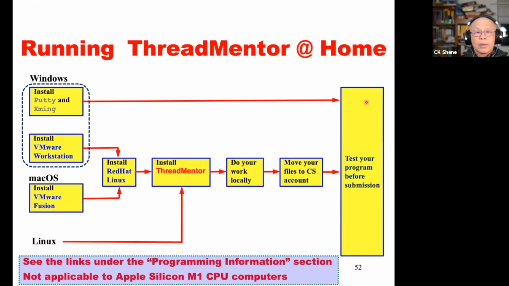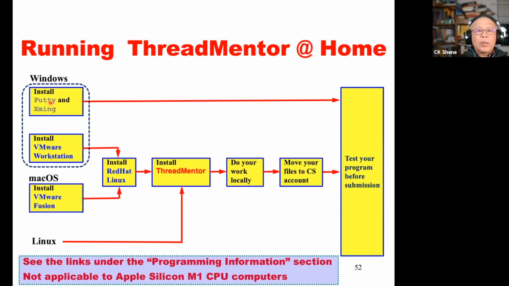On the other hand, when your program runs on the CS machine and generates a visualization, it would send the visuals back to your local PuTTY window. That's going to be quite slow. So whether you want to do it is your choice. For the first two programming assignments, it's fine because we don't use graphics. But from program number 3, you will start using graphics. Then you really need Xming.